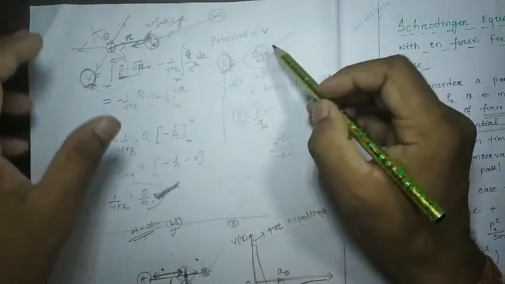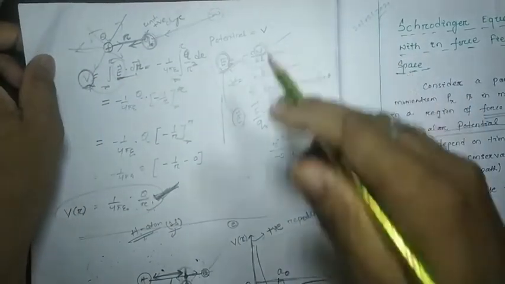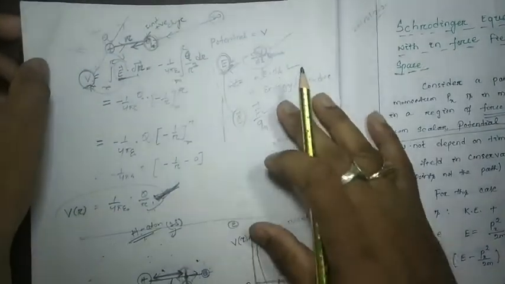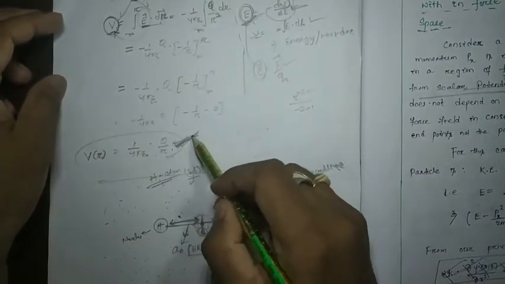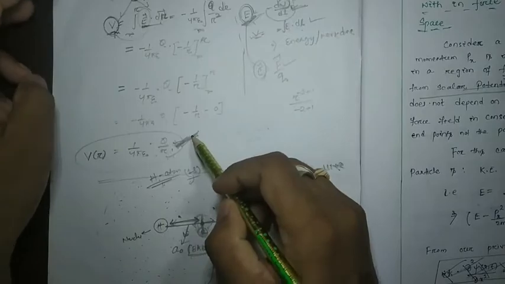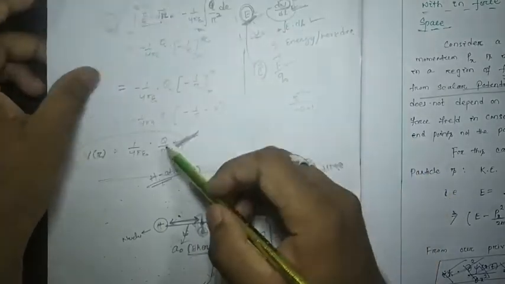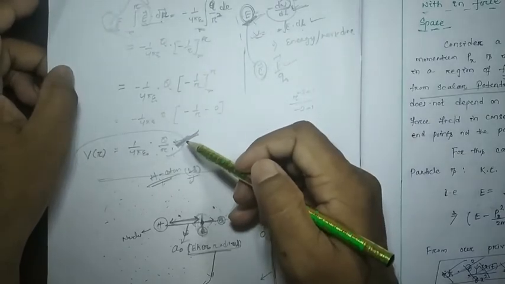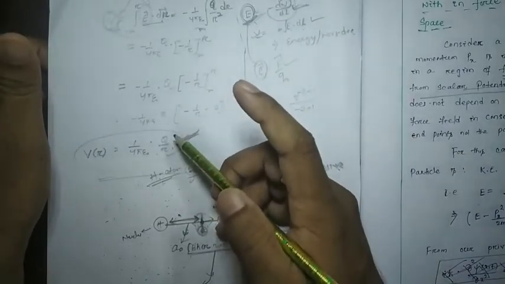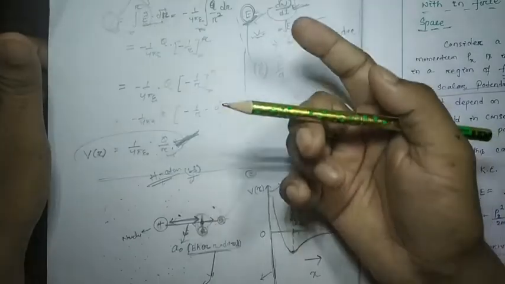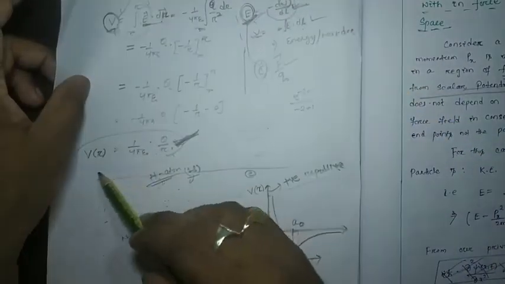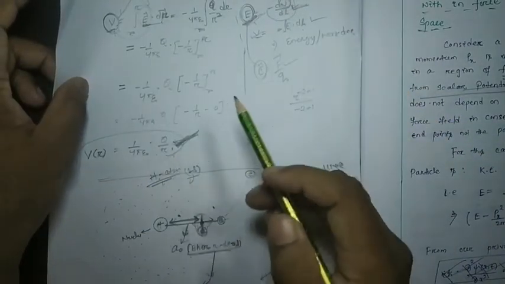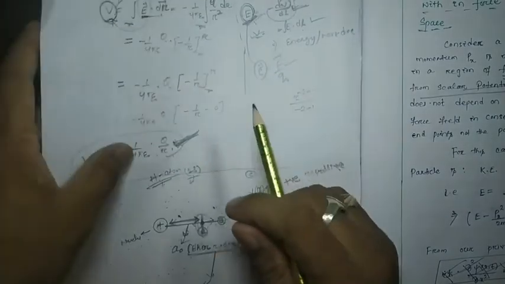If the potential is positive, then we can say that this is repulsive behavior between the two particles, or the force on the particle is repulsive. If the potential is negative, then we can say the force is attractive in nature.